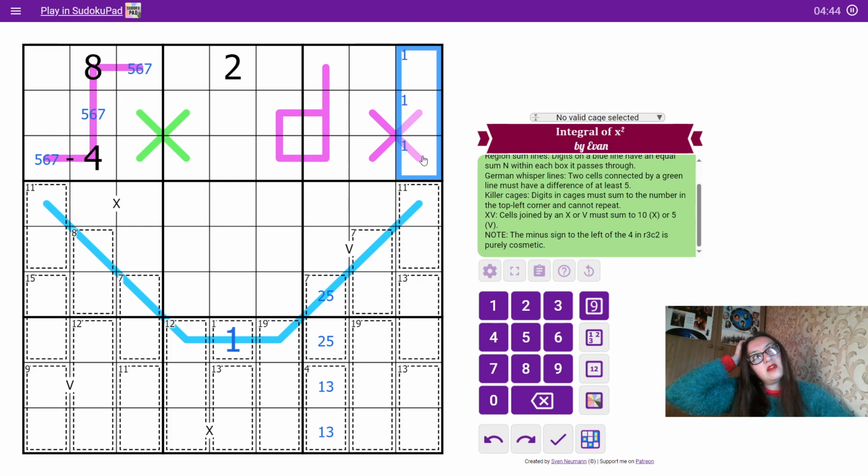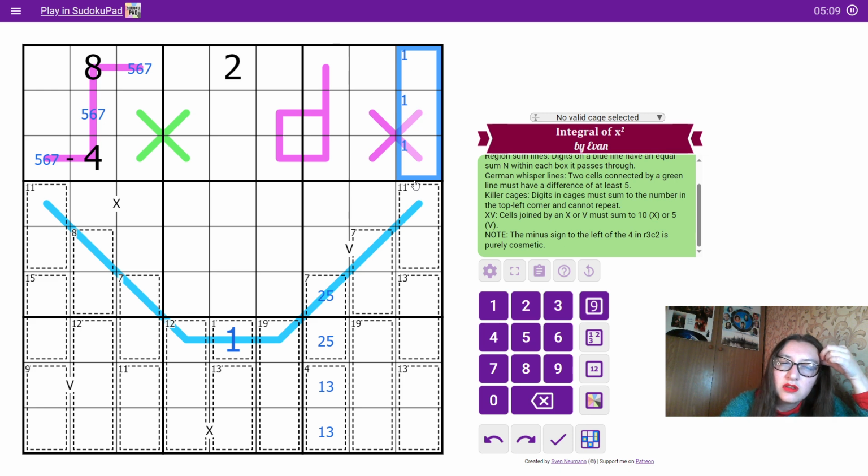So those are either 1, 2, 5, or 1. Wait, what? Those add up to 8. Oh my god, I forgot all the ways to make 8 with 3 digits.